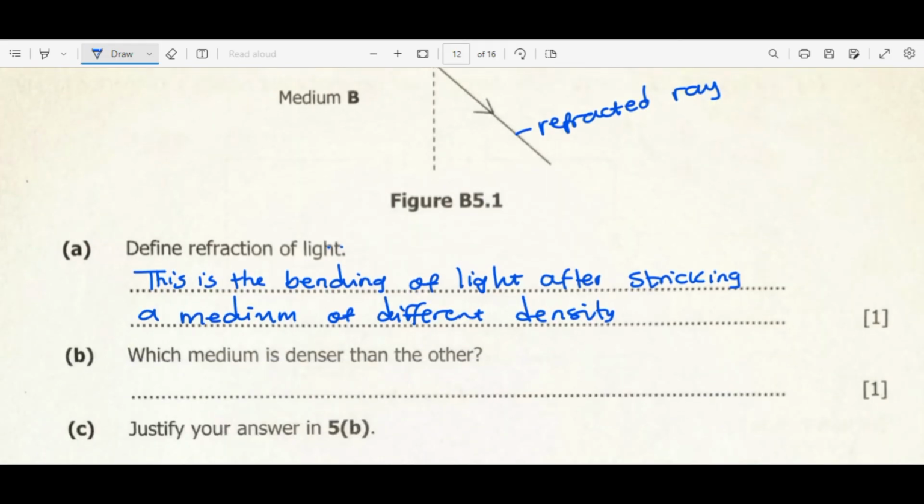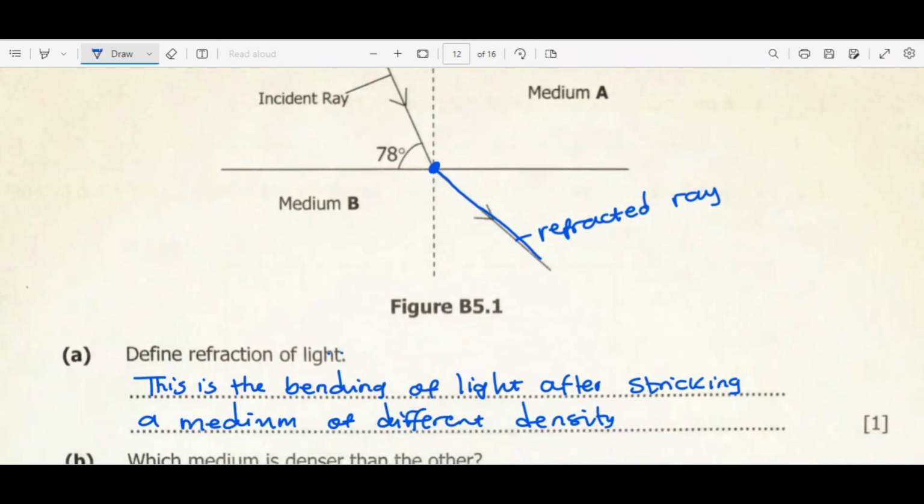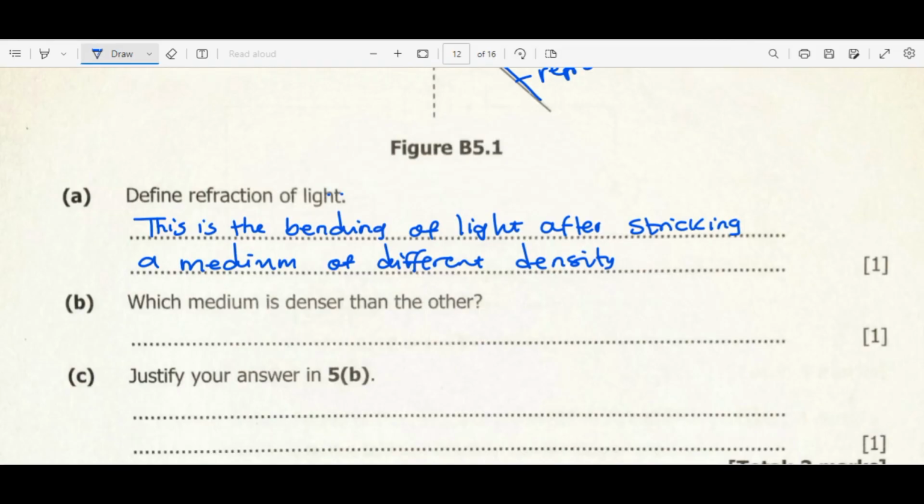Which medium is denser than the object? So we need to focus where the bending occurred. So this is the bending, and we have the normal. So since the refracted ray was away from the normal, then the medium B is less dense. Now we want the media that is denser, so we'll say medium A.